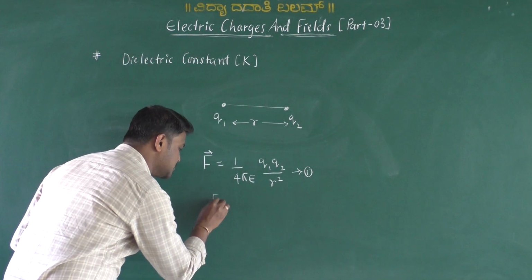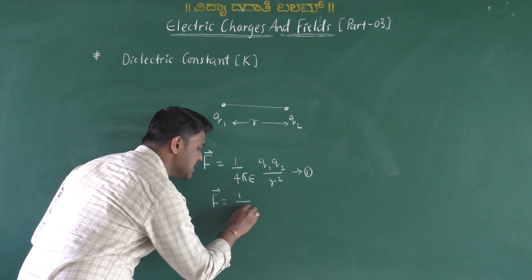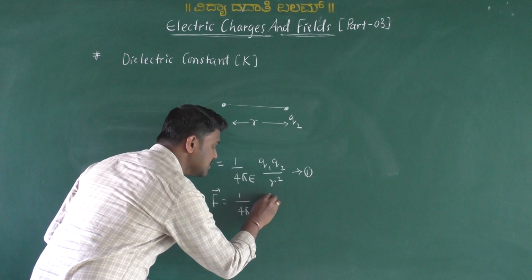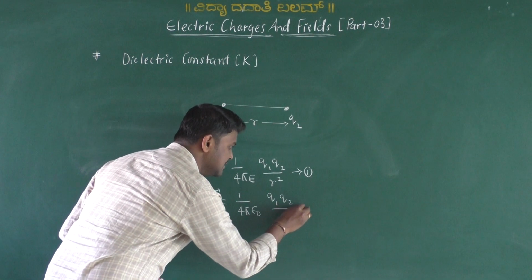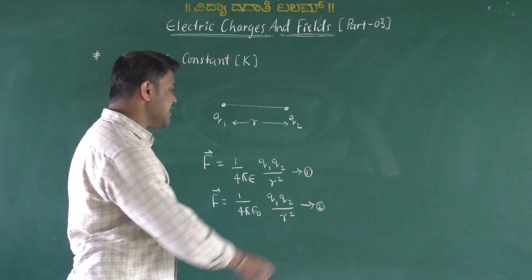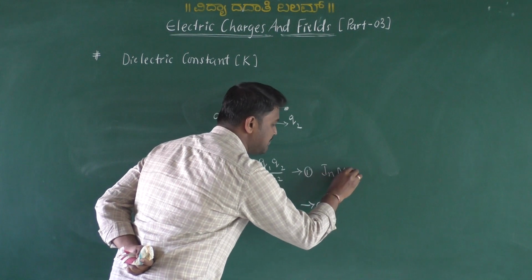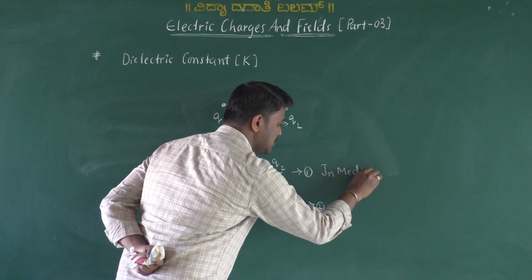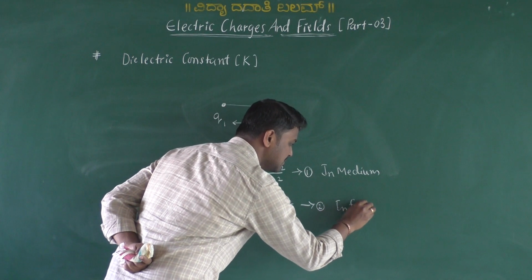Vector F equals 1 upon 4 pi epsilon naught, Q1 Q2 by R square. Say it is called equation number 2. For the sake of our understanding, I am using equation 1 as in medium, and this one as in free space.